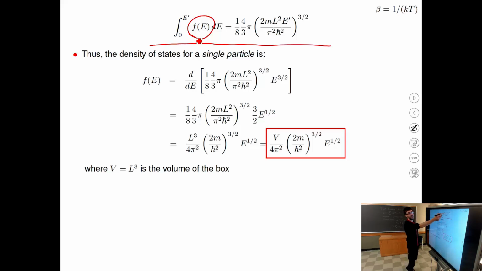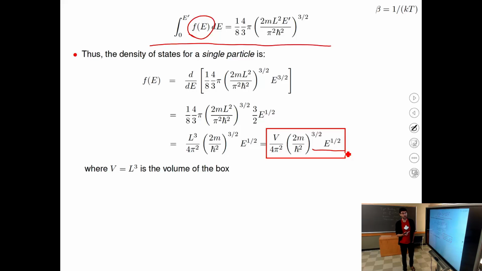Here we have E to the power of 3/2. Then the derivative will be proportional to E to the power of 1/2. So this is a very important function, which is called the density of states in a three-dimensional Fermi gas.